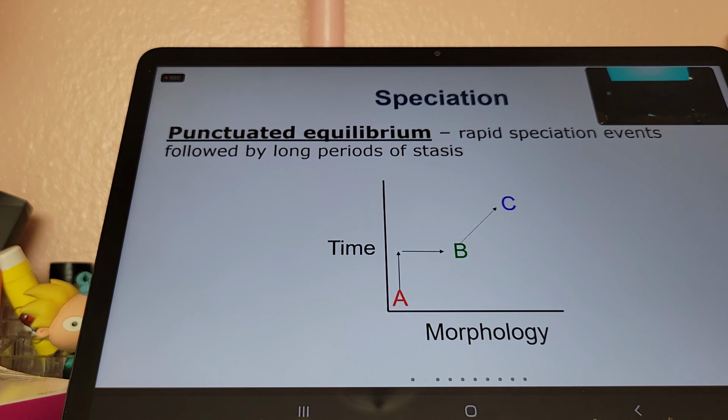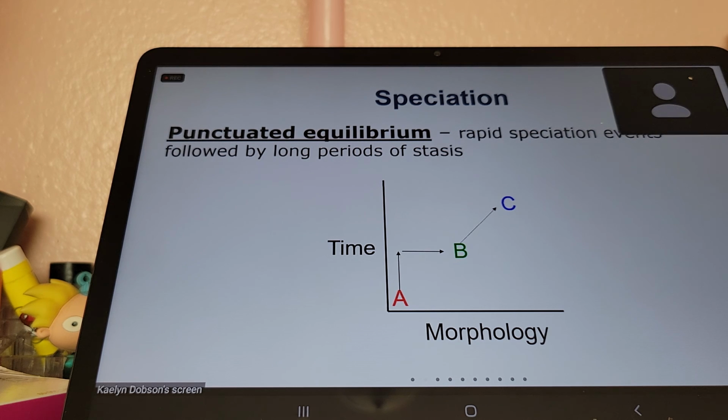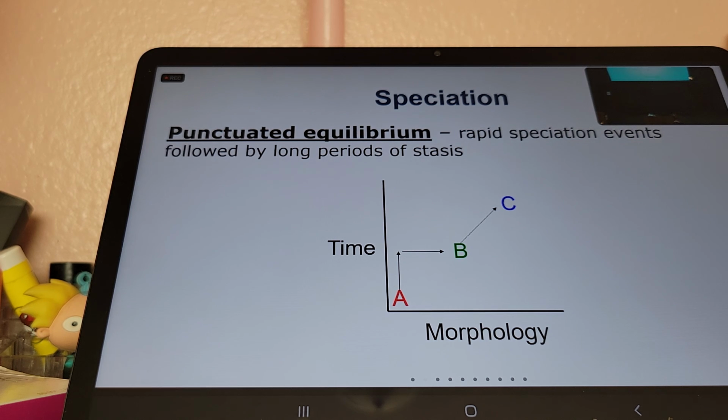Right? Now, when I say that this happens rapidly, it happens over hundreds of thousands of years, very long time periods. But to us, geologically, when we're looking at hundreds of millions of years, or in the case of human evolution, 7 to 8 million years, these things can happen fairly rapidly.